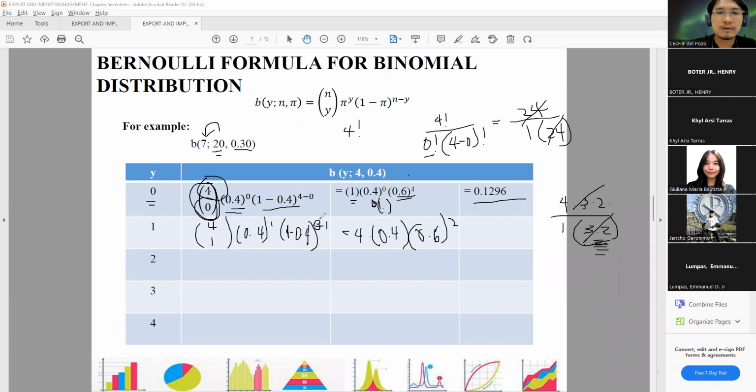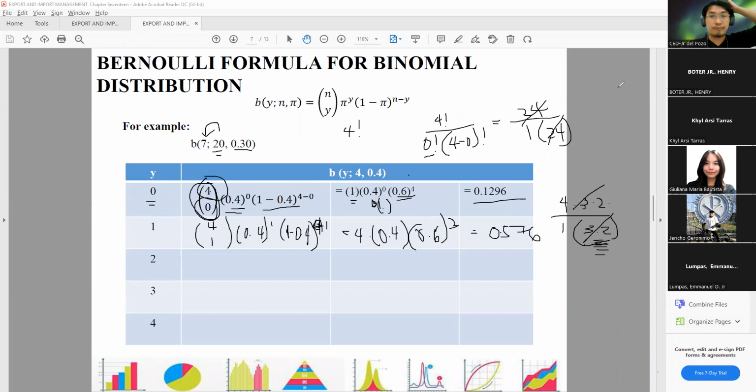Tama. 3. So raised to 3 pala. Okay. So 0.576 pa. Tama ba? 0.576.